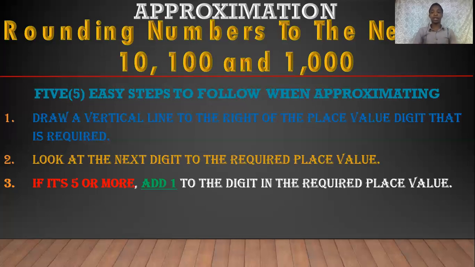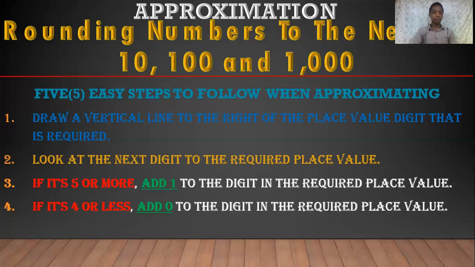Five or more means five, six, seven, eight, or nine, and you have to round up. Rounding up means you add one to the digit in the required place value.